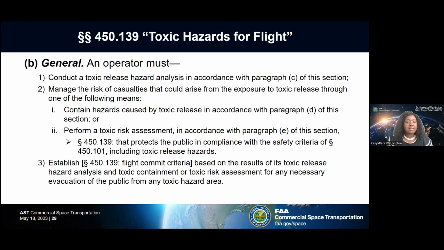Within these steps, it is expected that an operator would conduct and present detailed analysis, and depending on those results, the operator should demonstrate, document, and implement toxic containment or any mitigations necessary to prove any member of the public are removed from a defined hazard area.